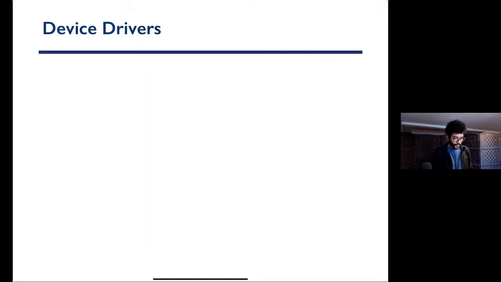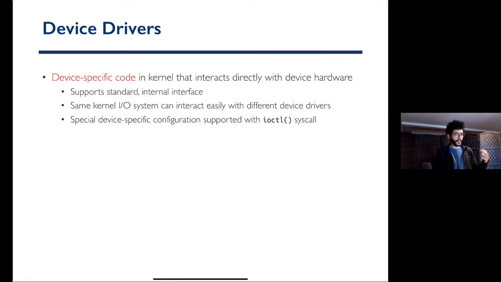Now, one essential part of this ecosystem of system calls is when you actually want to go and talk to the hardware. And that usually happens using the device driver. So device driver is a code. It's specific to a specific type of hardware, and it communicates with the hardware and knows how to talk to the hardware.